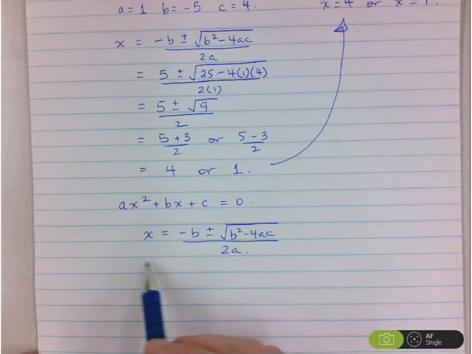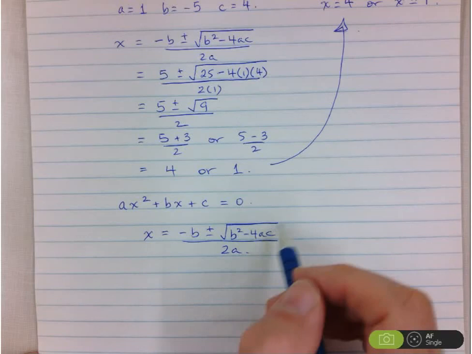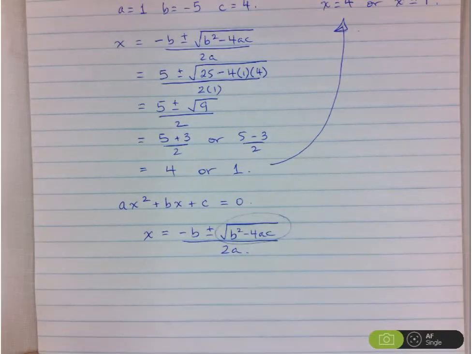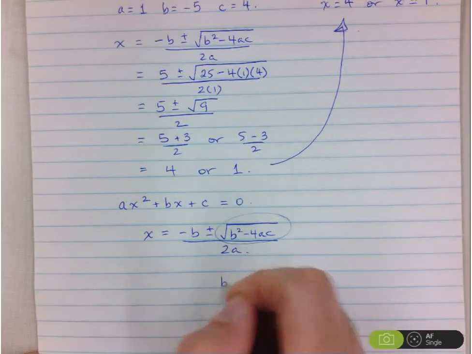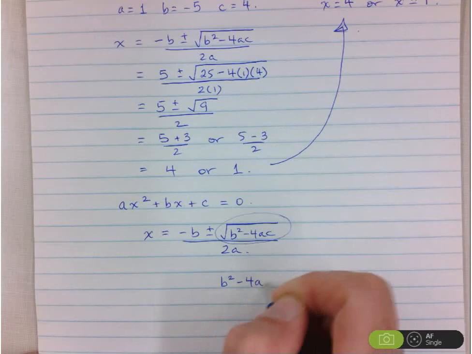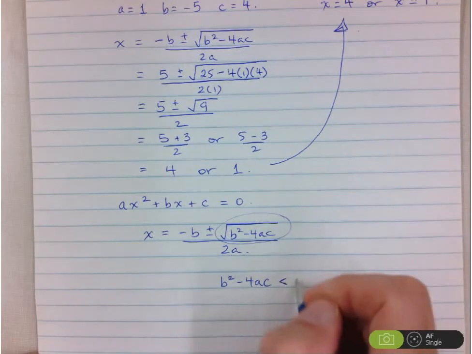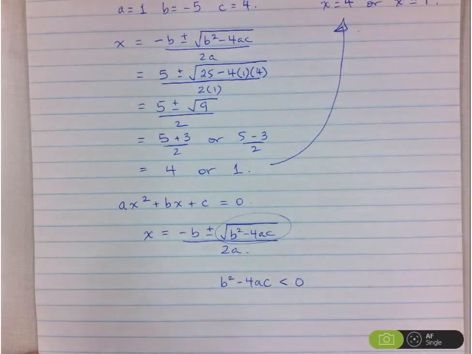So given that we have this formula that should work for any quadratic equation, let's think about how we could tell whether this would have two solutions, one solution, or no solutions. It all comes down to this square root, because we realize that if b squared minus 4ac is a negative number, well, we can't take square roots of negative numbers, certainly at this point.